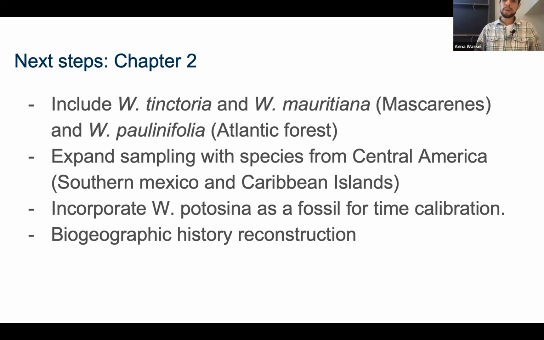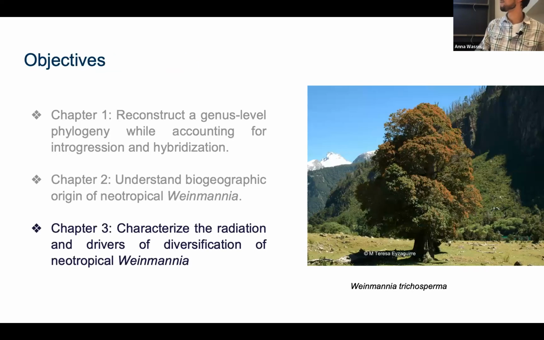And we plan to expand the sampling with species from Central America, basically southern Mexico and the Caribbean islands. And also incorporate Weinmannia potosina, which is a fossil. Well, we didn't find it, I found the study that cites the fossil, and also do biogeographic history reconstruction in a more rigorous way.